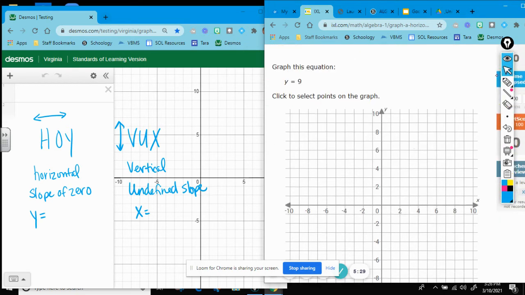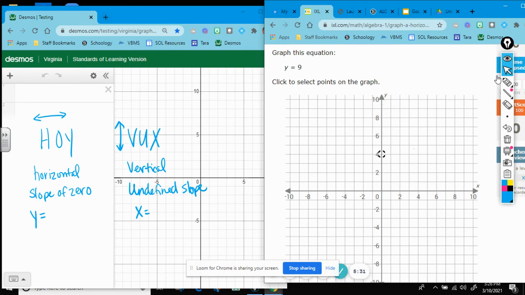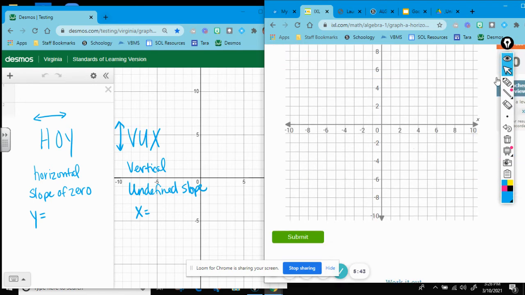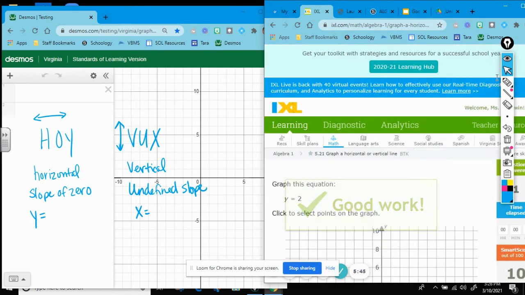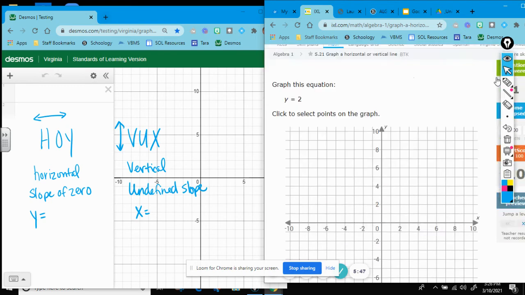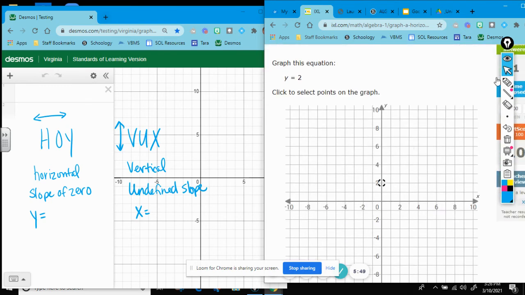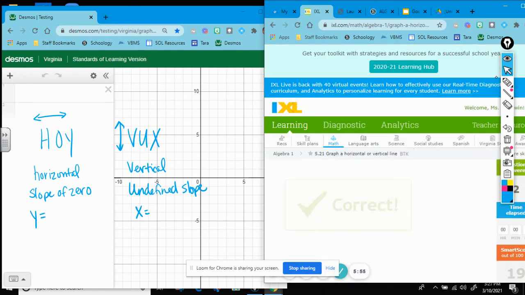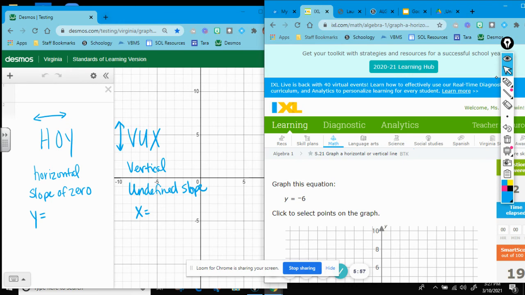So I come over here, and I go to the y-axis, and I go to 9. And then I pull that out to be a horizontal line, because horizontal, y is equal to. Now I hit enter. I go to where the y-axis is, I click on the number it's talking about, and then I make a line that's horizontal.